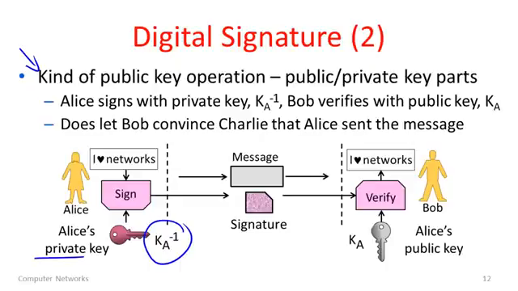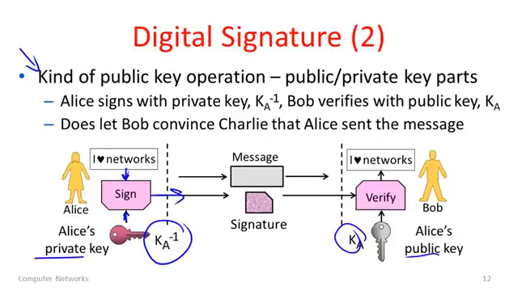And everyone else who wants to check this message, such as Bob here, is going to have Alice's public key. This is Bob, but really anyone could have got this message. Because Alice is the only one who has her private key here, she's the only one who can run this signing operation and produce the signature. Because if you don't have the right private key, you generate a wrong signature, a false signature that won't verify at the other end.